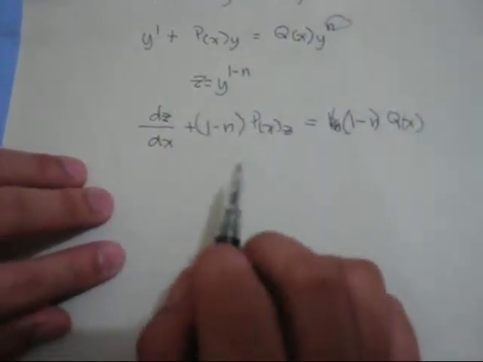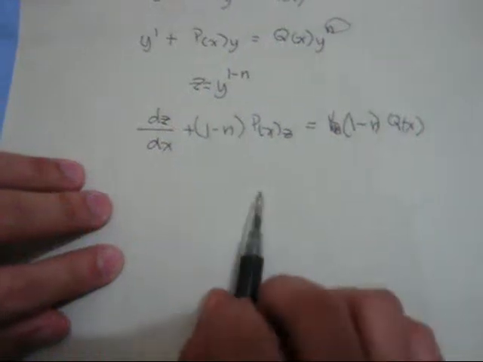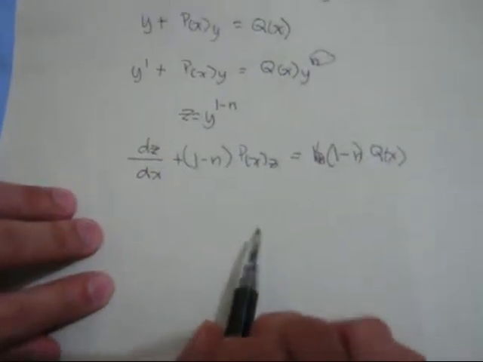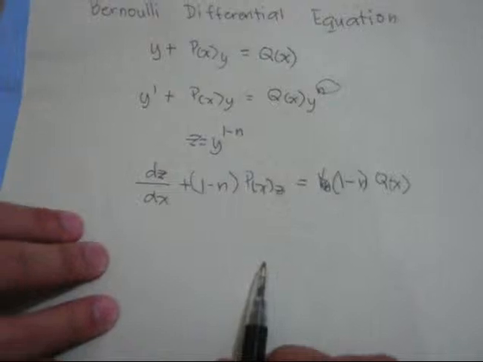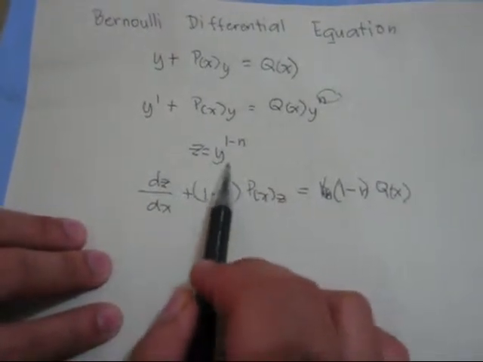Then this equation may be solved for z, after which a general solution can be found using the reverse substitution of this one.